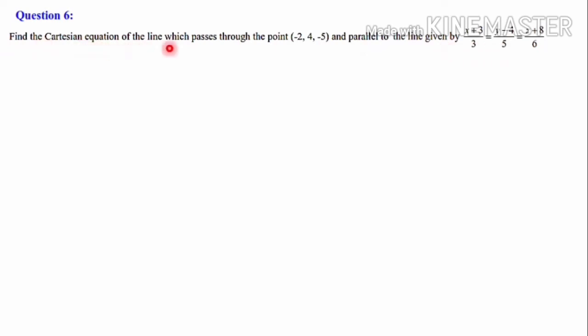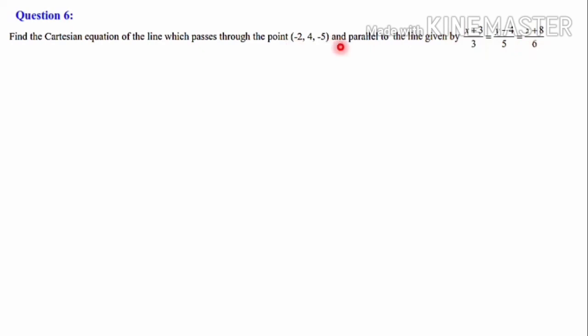Find the Cartesian equation of the line which passes through the point. So here one point is given, -2, 4, -5, and parallel to the line. If a parallel line is given to you, from here we can write the direction ratios of the parallel vector. Here x1, y1, z1 is the given point.